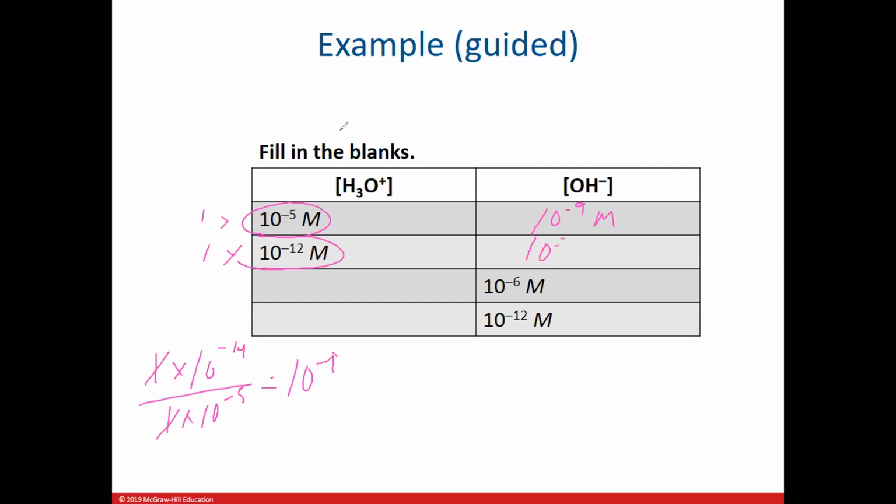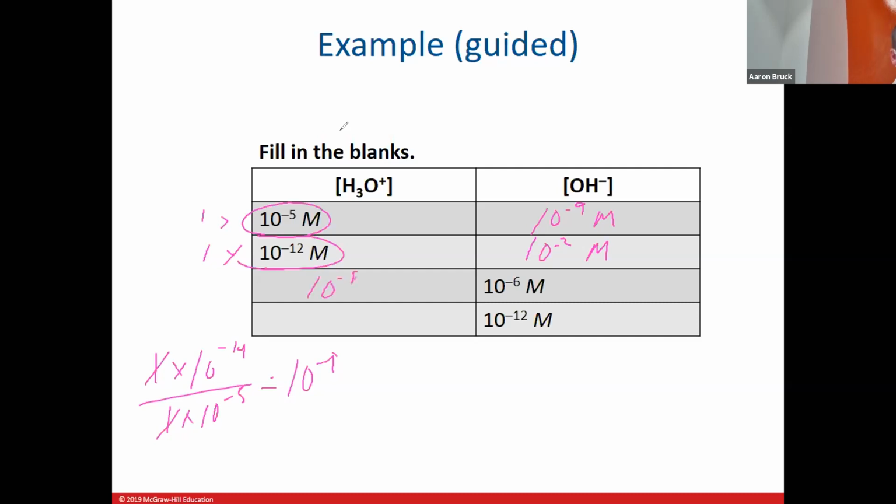Do the same kinds of things over and over. And what you end up finding is that in these simple examples, all I have to make sure is that my exponents add up to negative 14. So this would be 10 to the negative 8th. This would be 10 to the negative 2nd.